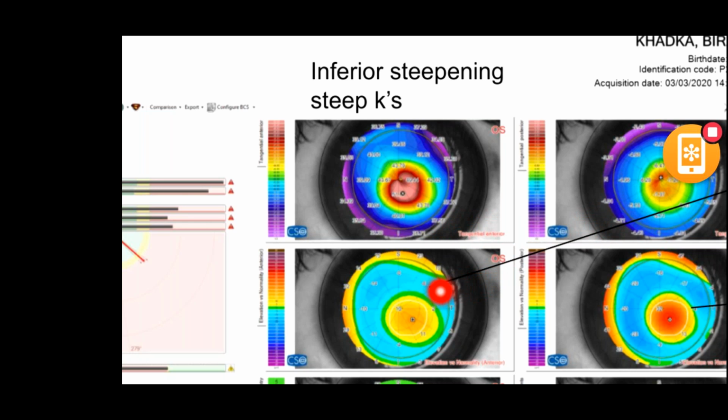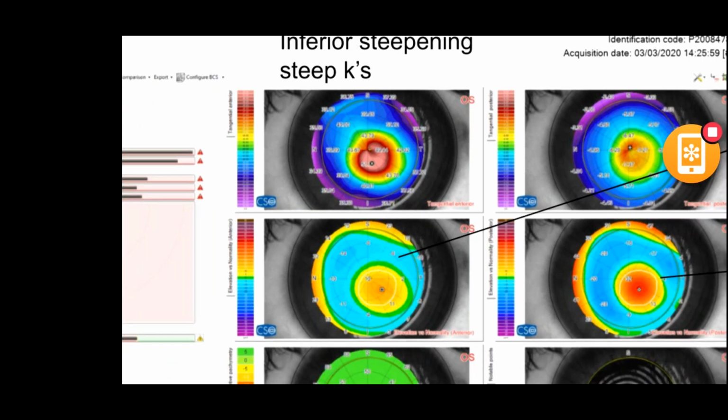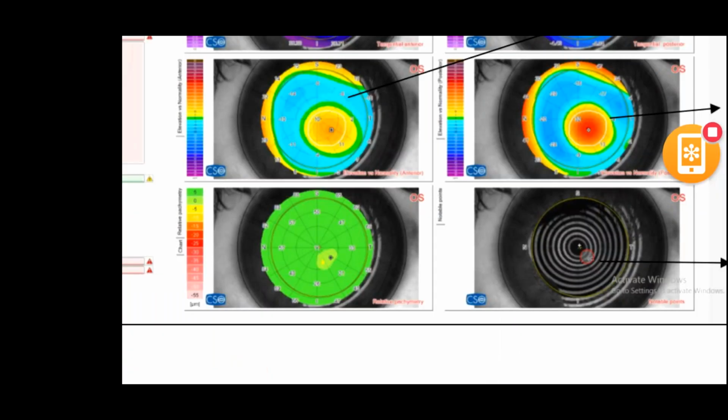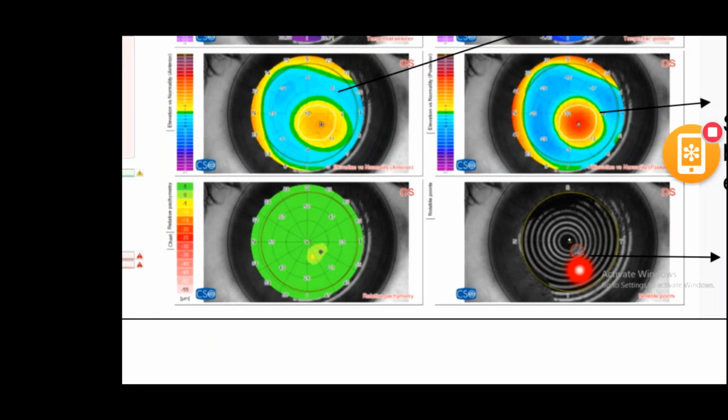There's a big back elevation, very significant. You can see this red over here. This is a significant front elevation and a significant back elevation. And you look at this circle over here, it's so small. Did you realize that? See, the circle is so small compared to the cast.